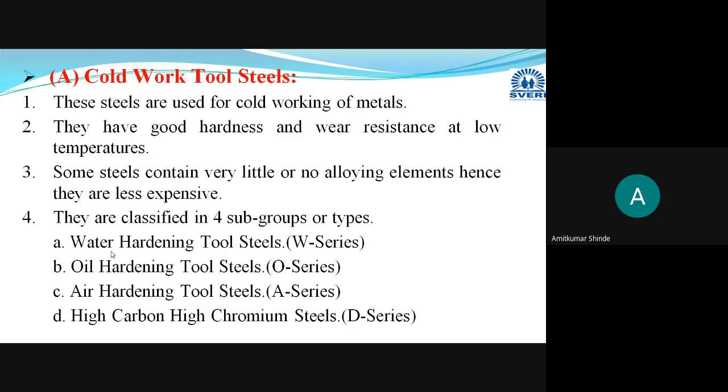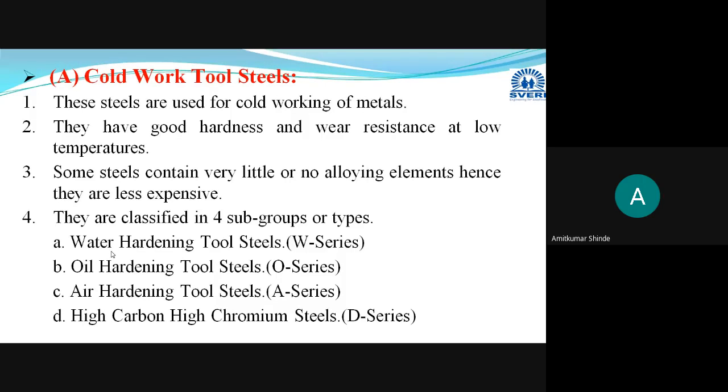You can simply say they are carbon steels without any alloying elements. That's why, as no alloying elements are there, some of the cold work tool steels are very cheap, or you can say they are not expensive.